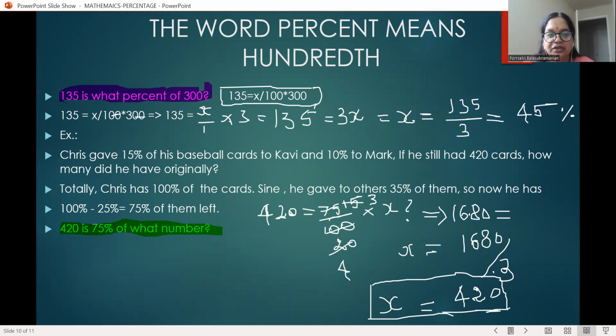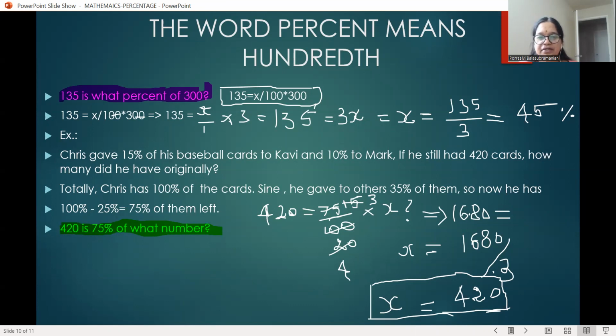Okay, so totally 15% plus 10%, total 25%. Okay, so from 100 percentage of cards, he shared 25% to his friends. So remaining he has 75% of cards. Okay. So what do you do now? So totally he gave 15 plus 10, 25%.